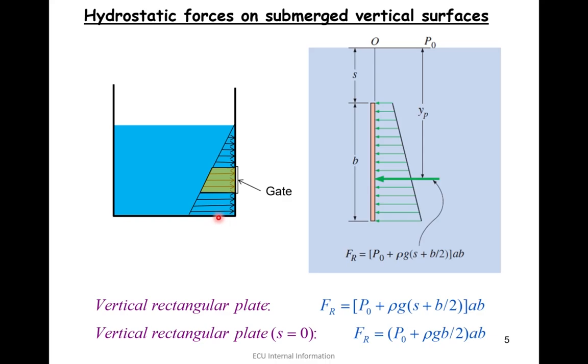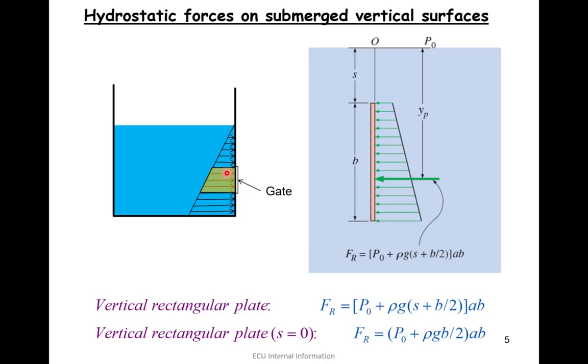Suppose you want to estimate the pressure on a window that you are designing on the wall of this tank. At the upper edge the pressure is rho g times that depth, and at the bottom edge it is rho g times the greater depth. The pressure changes linearly.